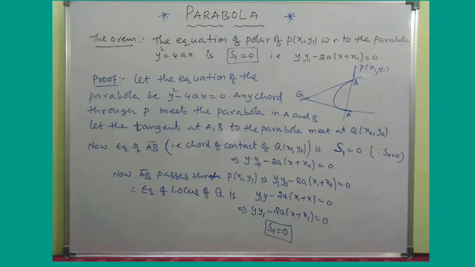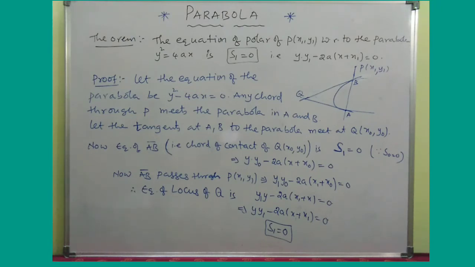And you know, my dear, this formula will be useful for many concepts. Equation of tangent is also S1 is equal to 0. Equation of chord is also S1 is equal to 0. Even the equation of chord of contact is also S1 is equal to 0. And now the equation of polar is also S1 is equal to 0.